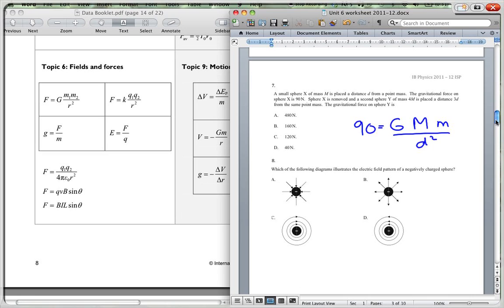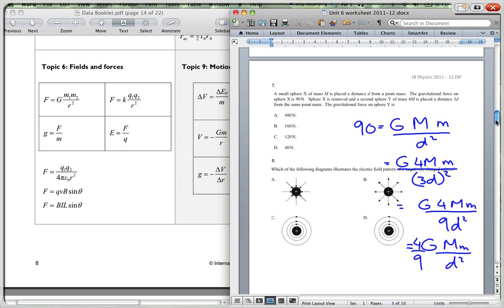And then it says sphere X is removed and a second sphere of 4m is placed. So now we have G, we have 4m, still the same point mass, but now it's at a distance 3d, so it's going to be 3d squared. So we're going to get G times 4m over 9d squared, which is equal to 4 over 9 times Gm over d squared.